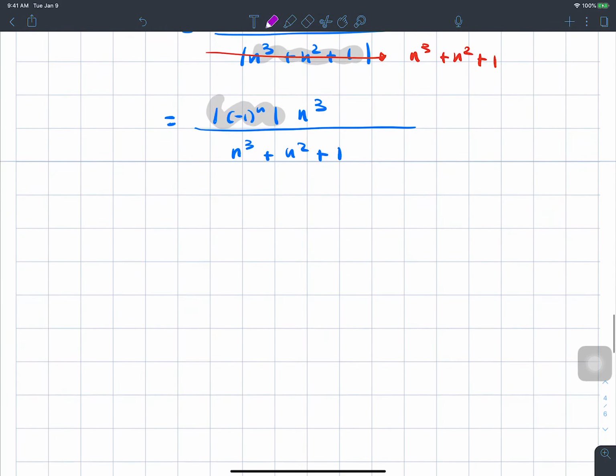The absolute value, and I'll put that as a note, and you're going to see this a lot. The absolute value of (-1)^n can be described as a product, right? And we know we have n of these multiplied together.